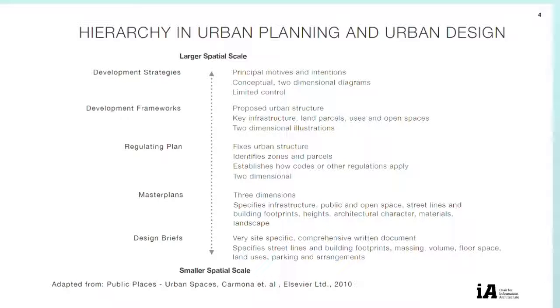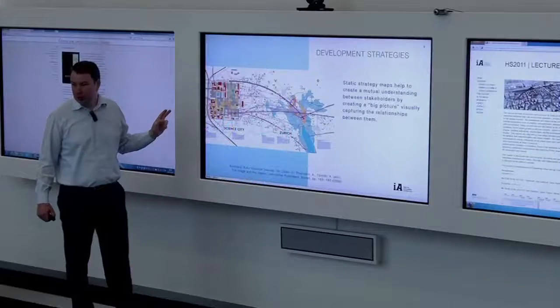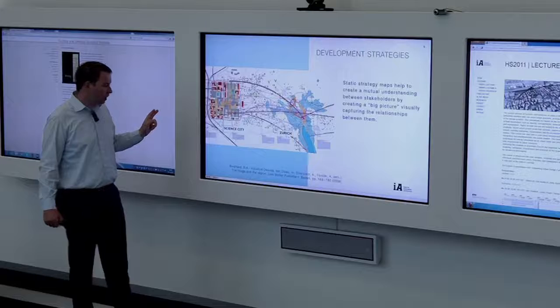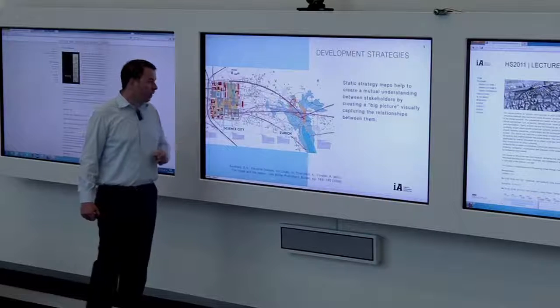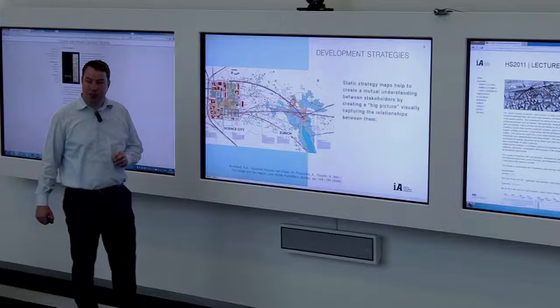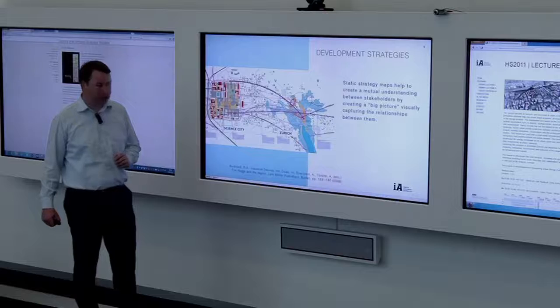So maybe a few of you know that picture already. That was the big idea, I guess already 10 years ago, the idea was pushed: how is the ETH Hönggerberg actually connected to the city and to the world?